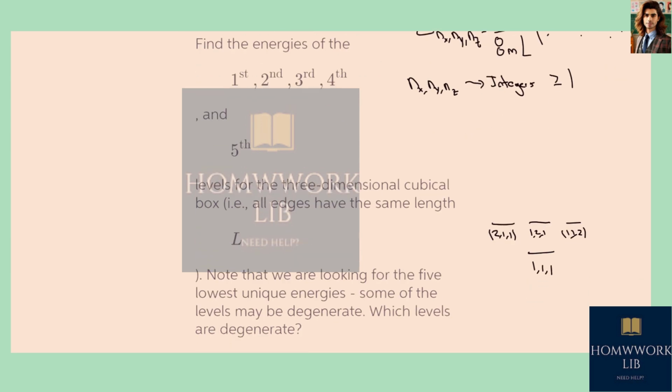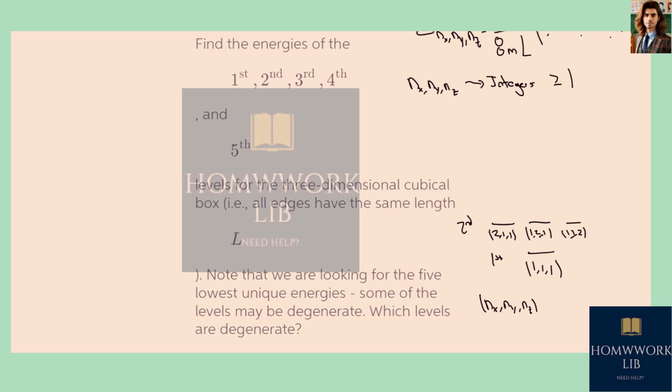Remember that the notation over here is going to be the following. We're going to have the quantum numbers nx, ny, and nz as a combination for labeling our states. So this is going to be the first energy level, and the second unique energy level is going to have the degeneracy equal to 3.